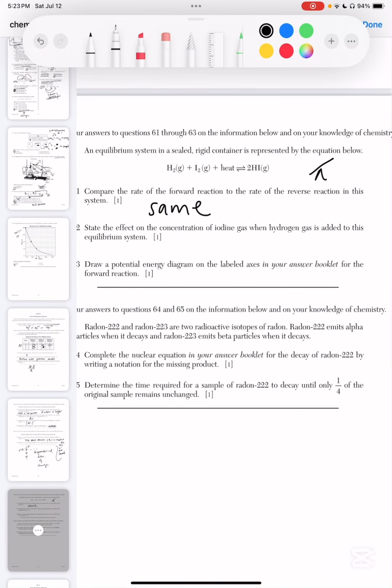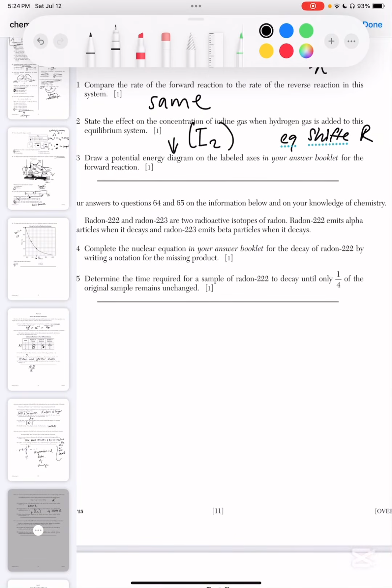Not really, but the idea is the same. Anyways, what happens to the iodine is that it decreases as a result of equilibrium shifted right. So this feels so wrong. Why would you use concentration, not partial pressure?